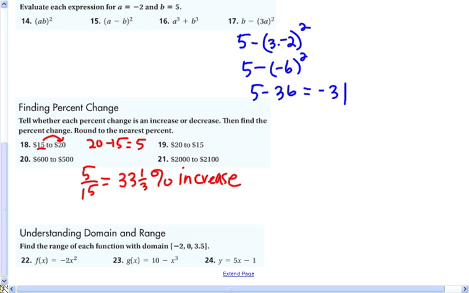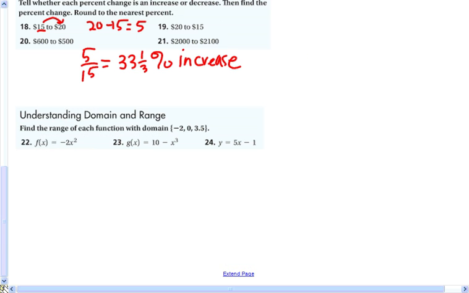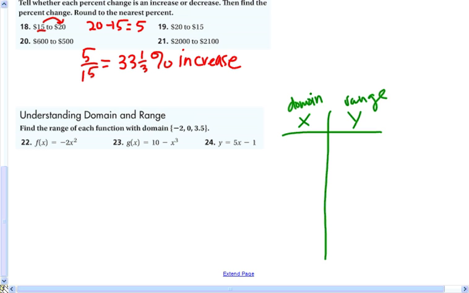All right, understanding domain and range. Find the range of each function with the domain -2, 0, 3.5. Really, the domain is x, and the range is y. That's good to think of it that way. I'll do the first one here, f of x equals -2x squared. So if we do -2 times x squared, that will be our range. And our domain are our input values, -2, 0, and 3.5.